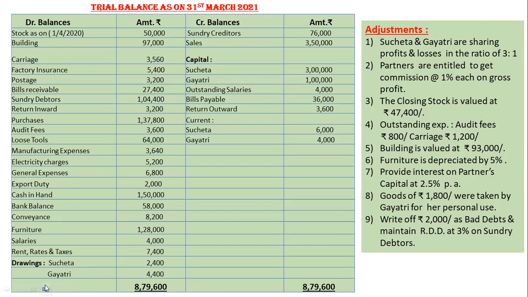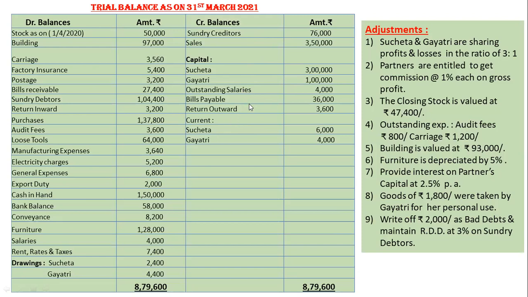After concluding the debit side, now we will go to credit balances. Creditors, balance sheet, liability side. Sales, trading account, credit side. Capitals of Sucheta and Gayatri, balance sheet, liability side.